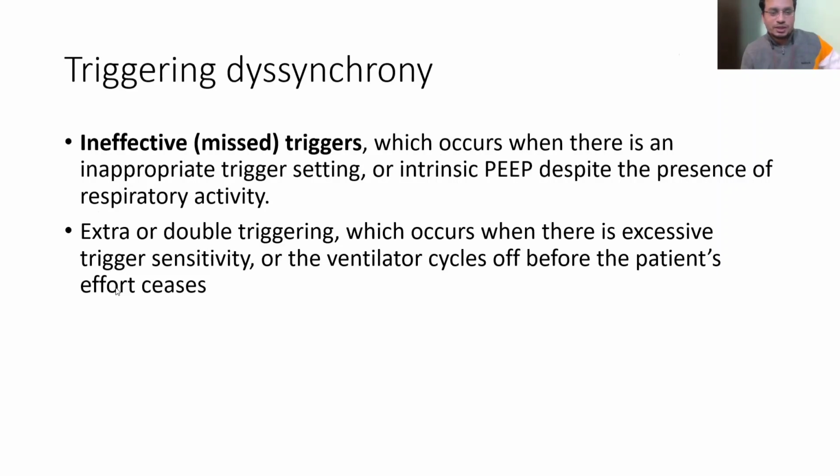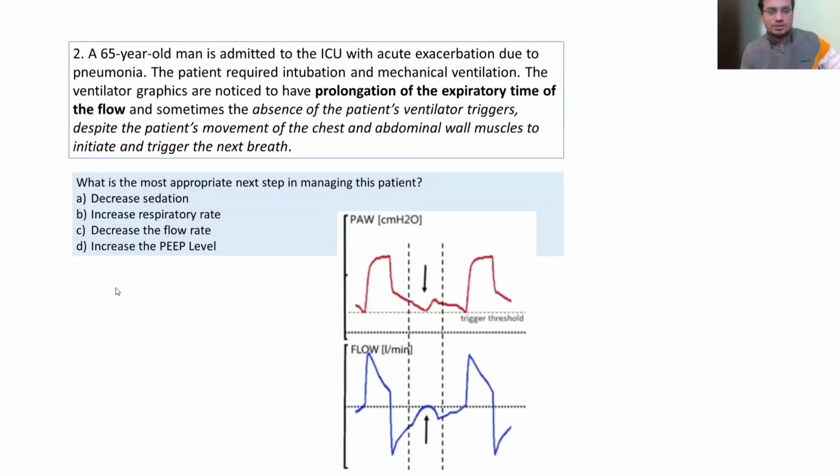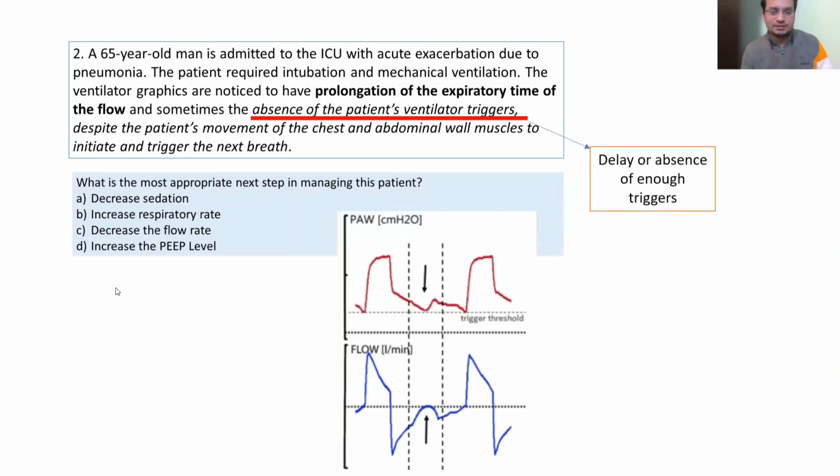Whereas double triggering or extra triggering occurs when there is excessive triggering sensitivity or the ventilator cycles off before the patient's effort ceases. This question itself says that this patient has ineffective trigger. There is absence of enough trigger here.